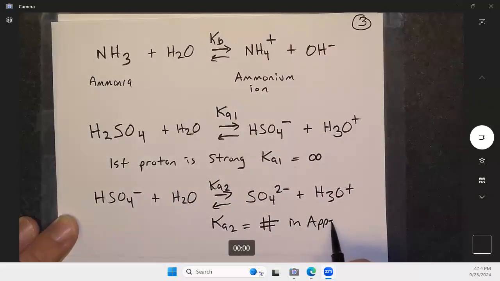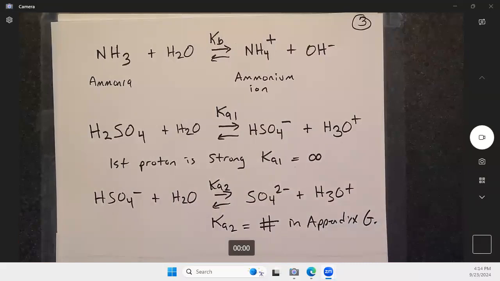in index G. It's still a fairly strong acid, but it's not strong, right? It's weak, okay? I mean, as far as acids go, HSO4 minus never is strong, right?